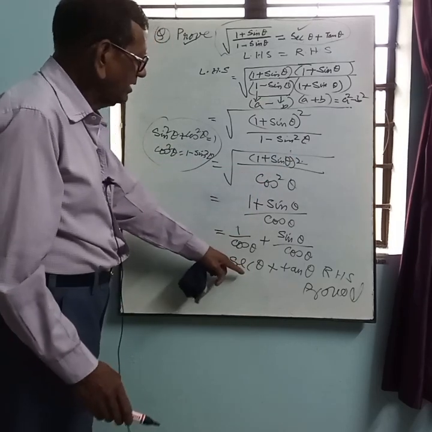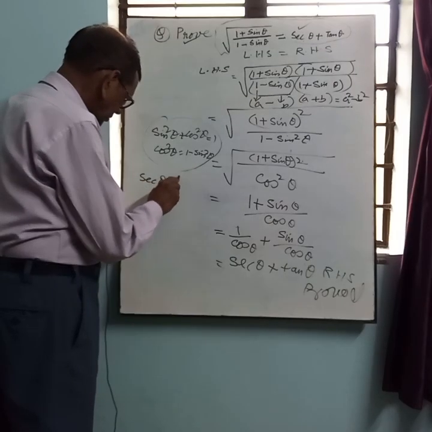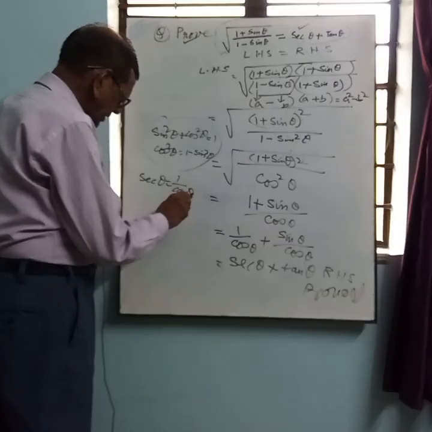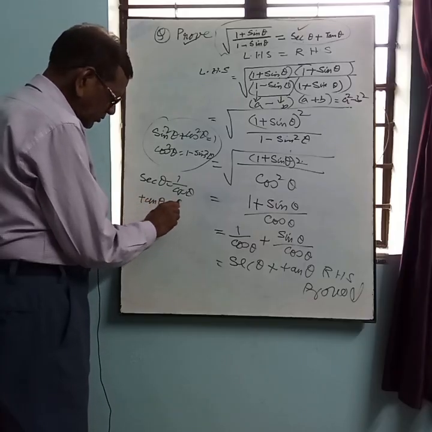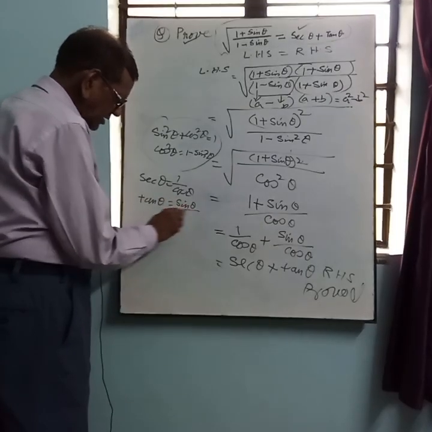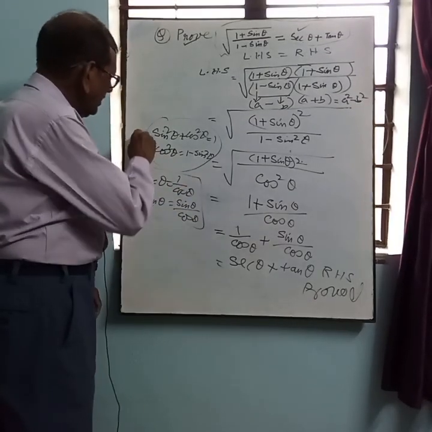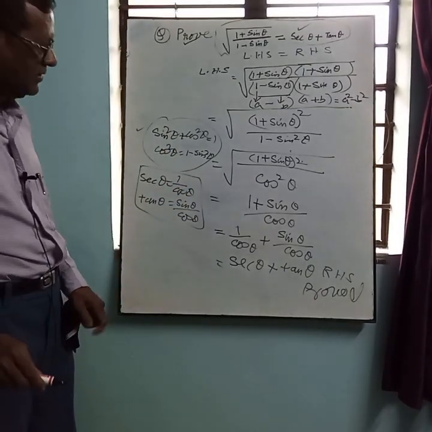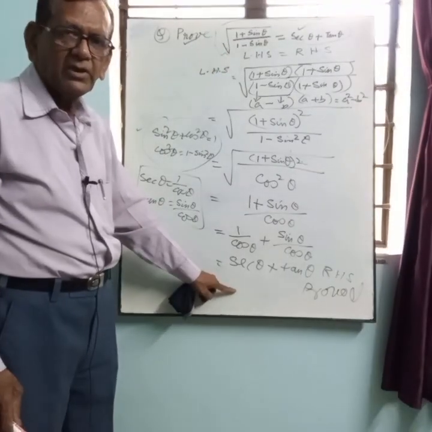You should write sec theta is equal to 1 by cos theta and tan theta is equal to sin theta divided by cos theta. These two are important, and with all this we have proved the RHS value from the LHS.